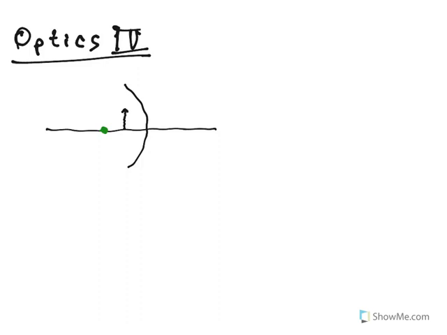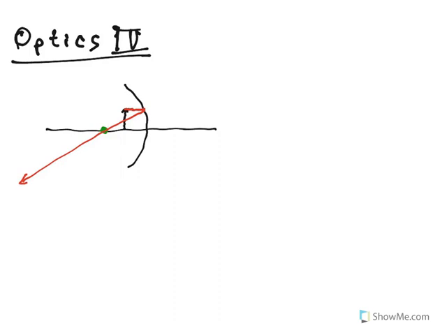So I'll start. Let's take our first ray. As usual, it goes parallel to the principal axis to the mirror, and then when it reflects, it goes down through the focal point. So there's our first line.